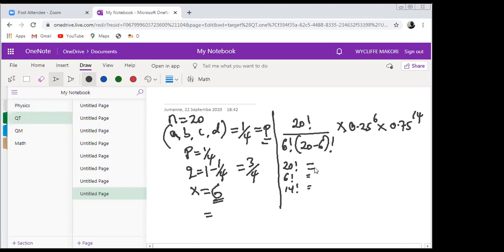It's actually a very big number. So what we can do is this. Let us work out this part once. If you have a calculator, we can do it together. Let us do this.